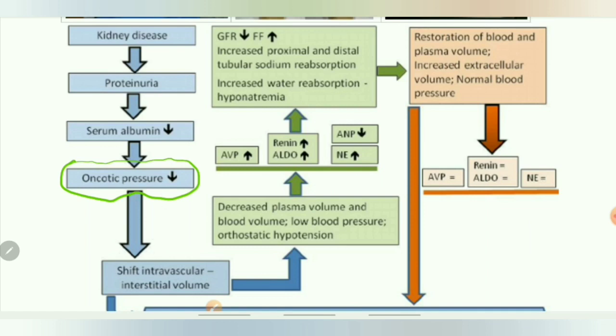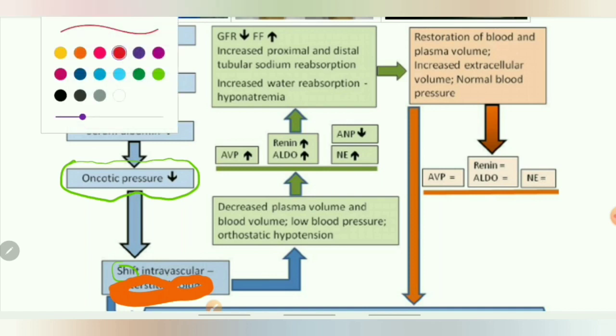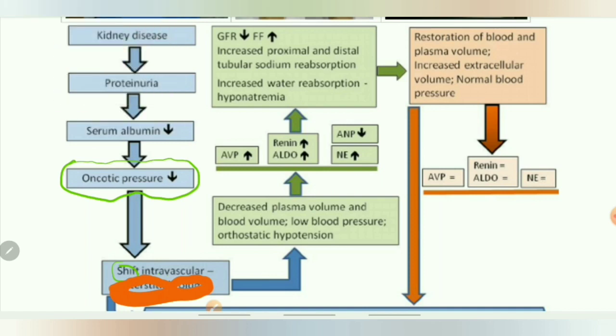This will lead to shifting of fluid from the intravascular compartment to the extravascular compartment, mainly the interstitial space, and in addition it will also go to the third spaces.